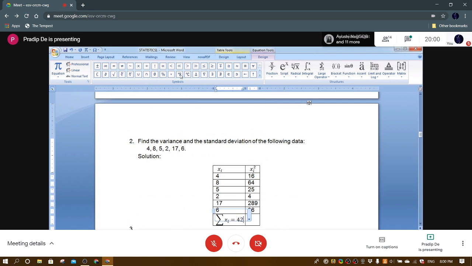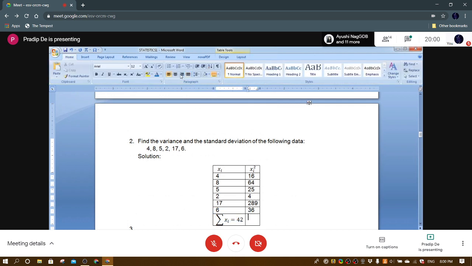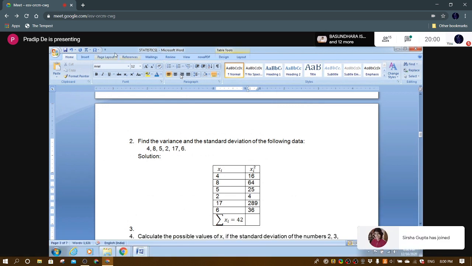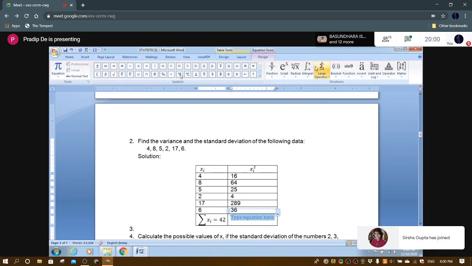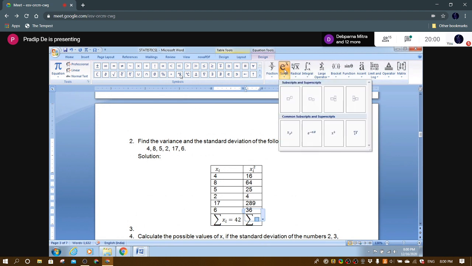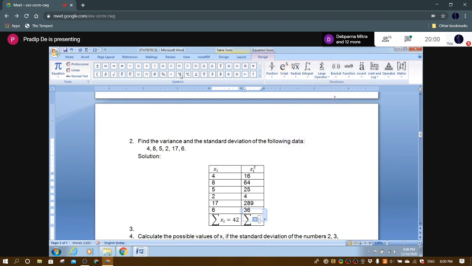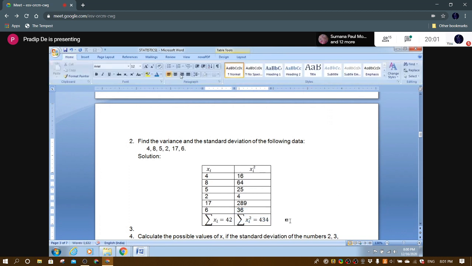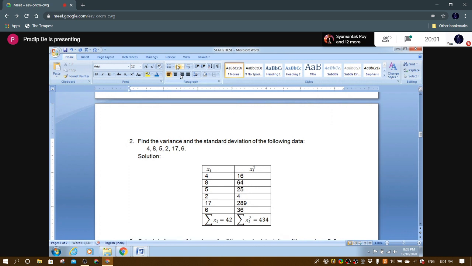Sigma xi square, 434. Did you say 434? Yes, sir. So n is 6.